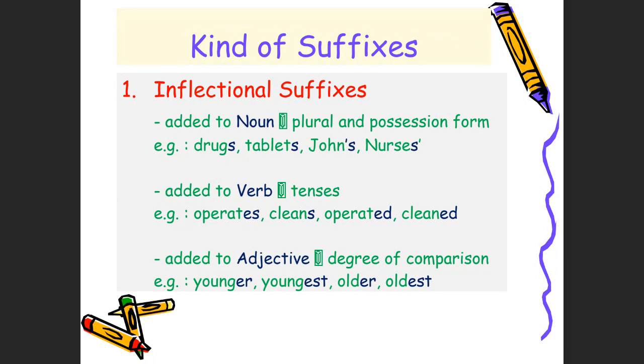And in these cases, you have degree of comparison, hacemos las comparaciones. El grado comparativo de los adjectives. For example, young, younger, youngest. Younger is a comparative, youngest is the superlative. The same here. Old, older, oldest.